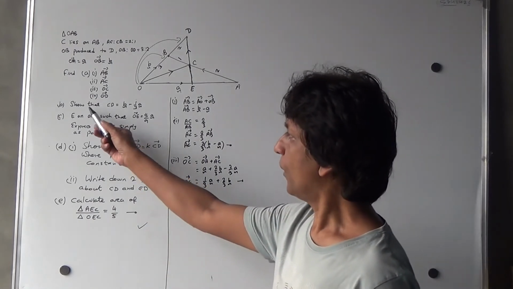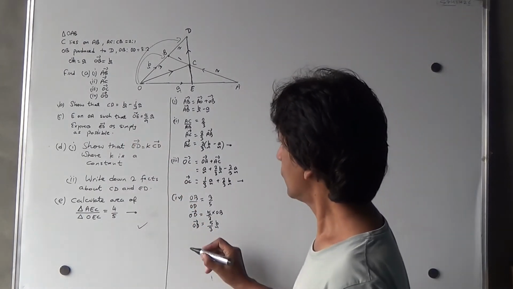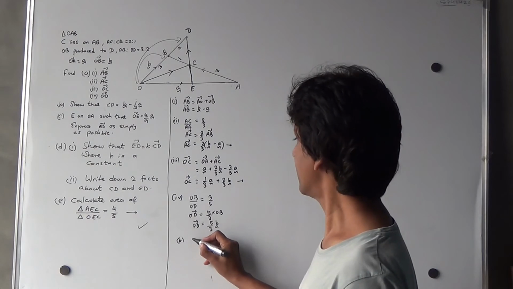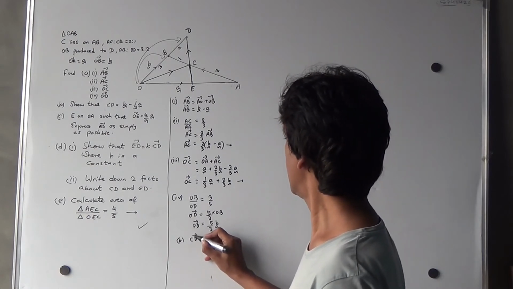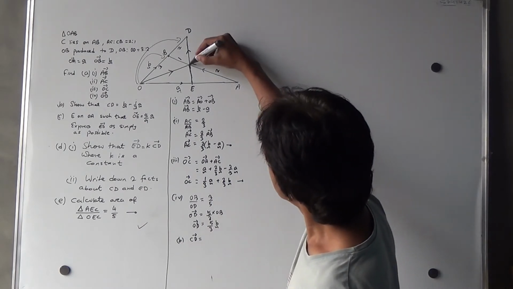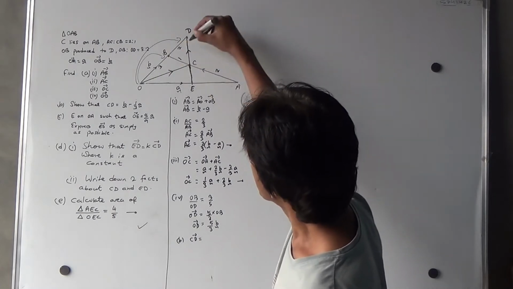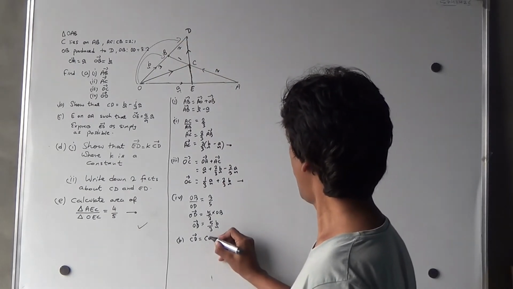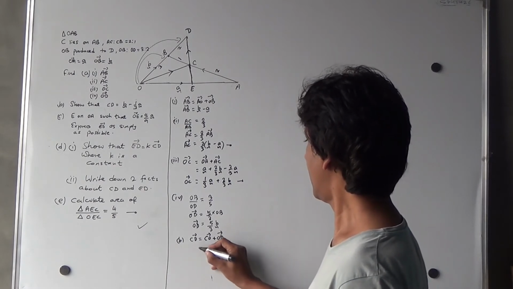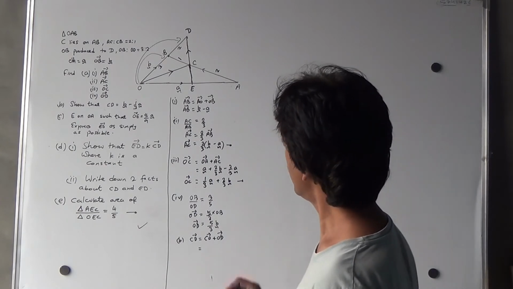We need to show that the vector CD is B minus 1/3 A. So this is part B of the question. We can find CD by taking CO plus OD. Do we know OC?